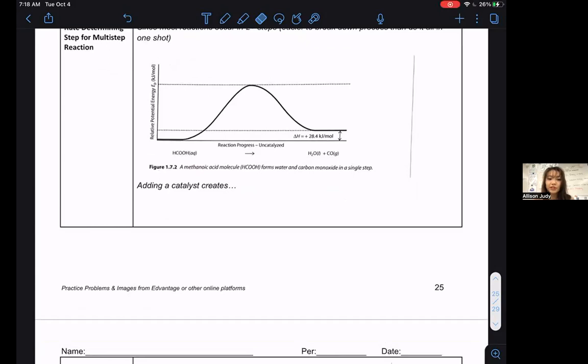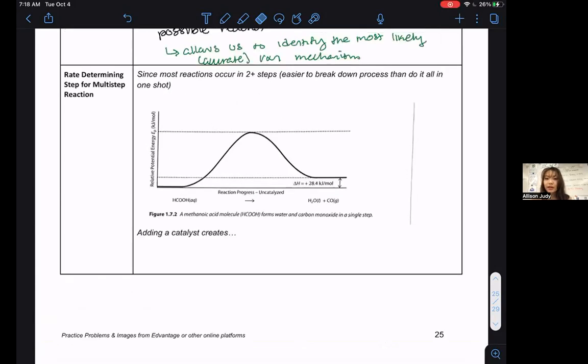So remember originally, we were talking about an energy diagram and how this hump up here is known as the transition state or the activated complex.